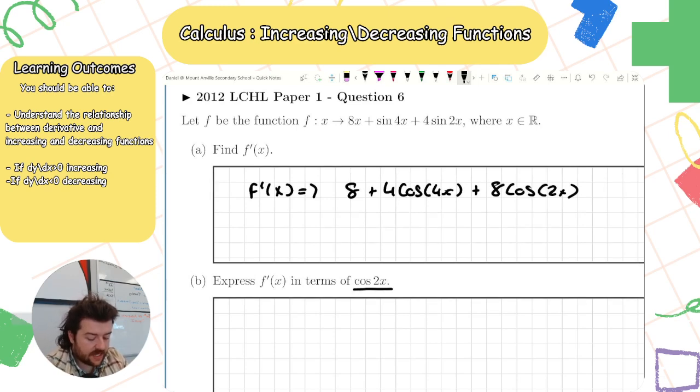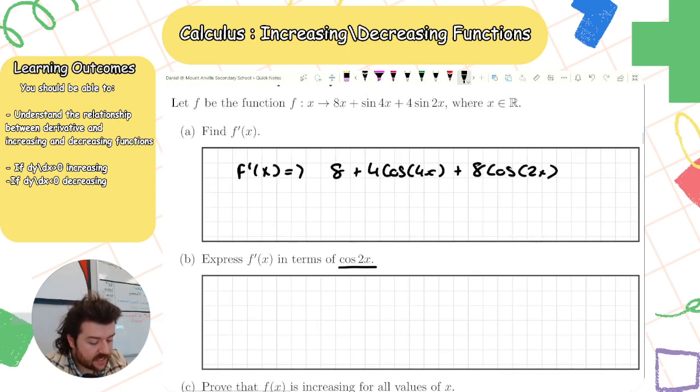Now I need to write f dash of x in terms of cosine 2x. So I need to now get rid of this cosine 4x. So we're going to use a trig identity here.